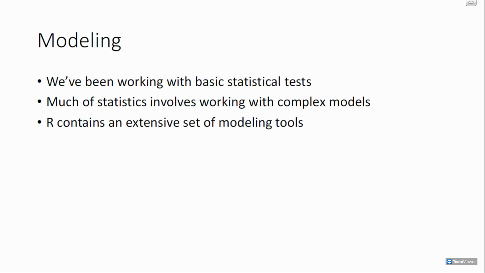So, in our previous session, we learned about basic statistical tests like the t-test, the Wilcoxon test, and the assumptions behind a t-test, which is used when you're testing two groups.